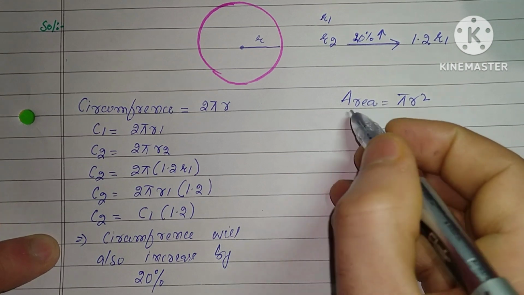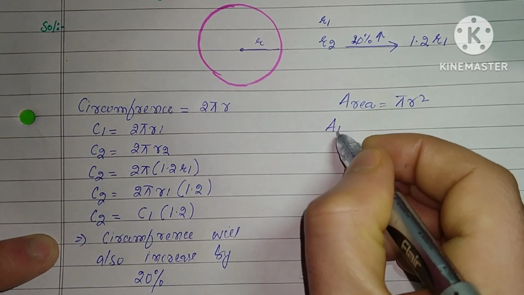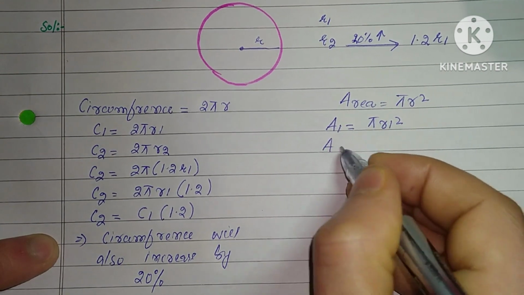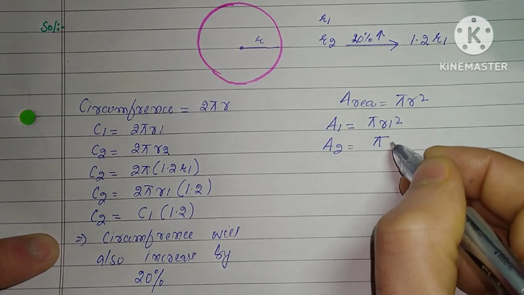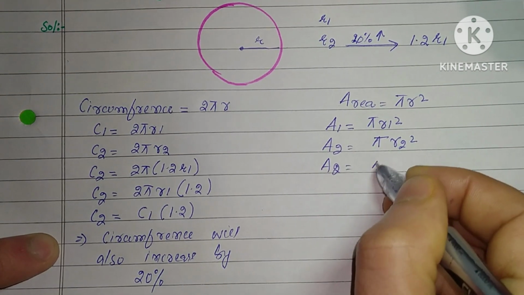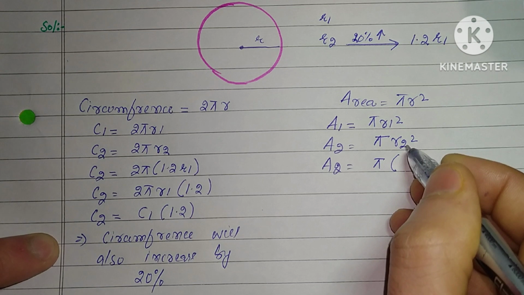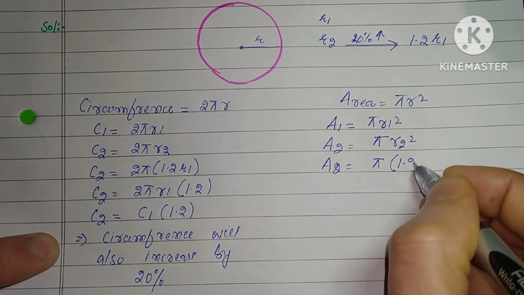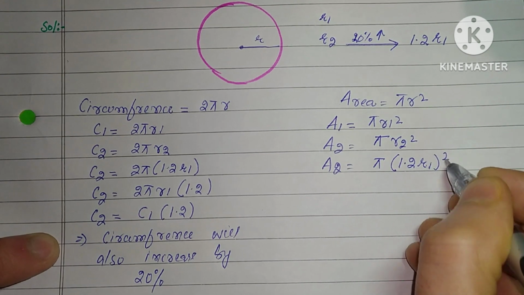Now area. The original area A1 will be pi r1 square and the new area A2 will be pi times the new radius square. The new radius is 20% more than the original radius, that is 1.2 r1, squared.